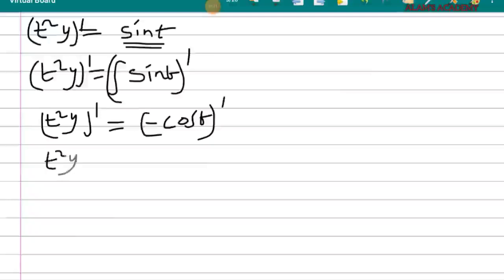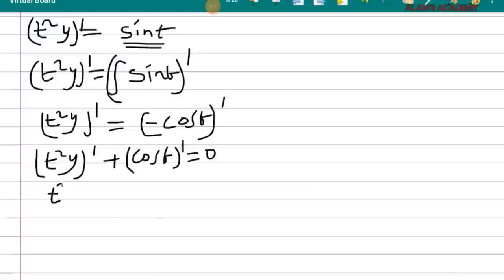Grouping like terms, taking this across, I get positive cos t, and this is equal to 0.